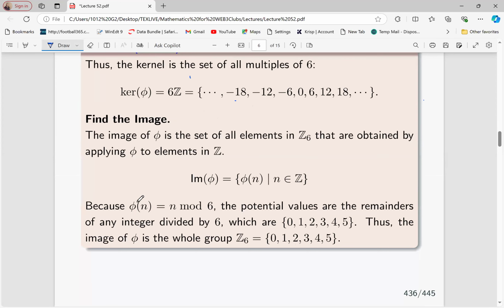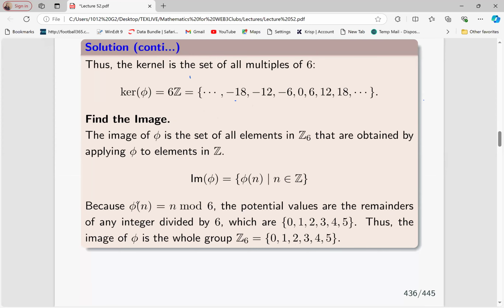In this case, none of the elements will remain unmapped. So the image is the entire codomain. That is the image.